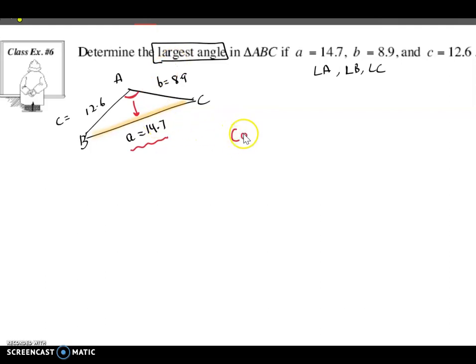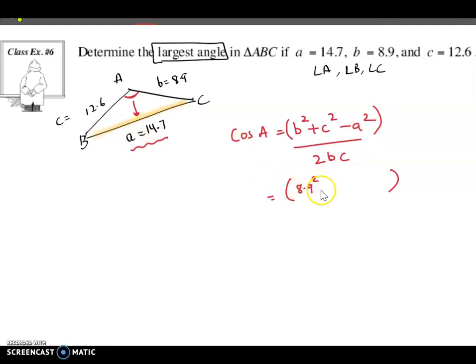So I'm going to set it up as cos of angle A equals b squared plus c squared minus a squared over 2bc. Make sure you have your brackets around your numerator and your denominator. So b is 8.9 squared plus c is 12.6 squared minus 14.7 squared. This all needs to be done collectively.